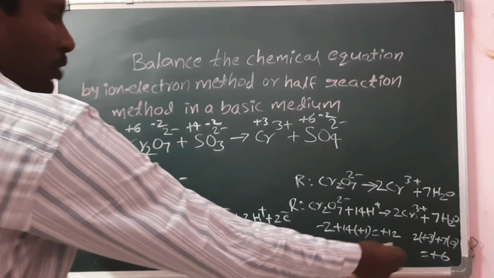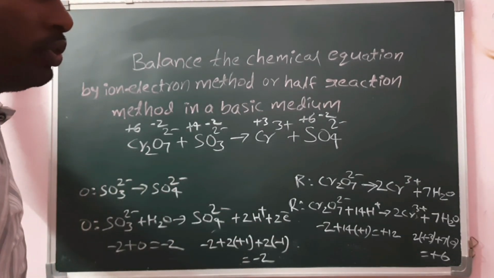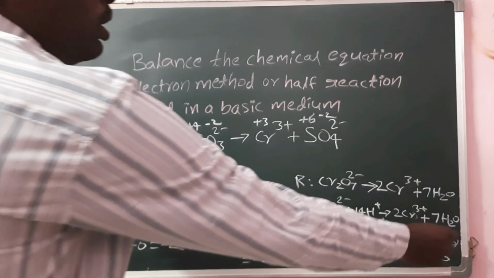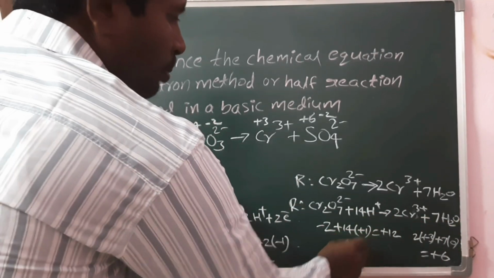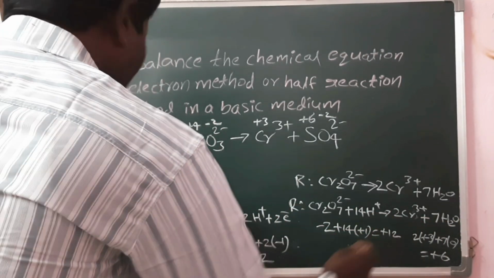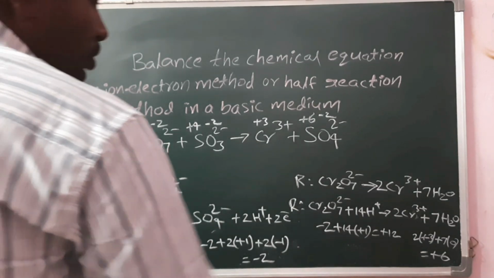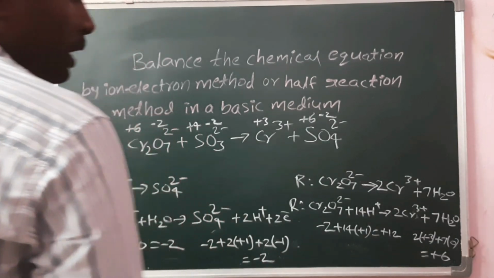So both sides are not equal. To make them equal, you should add electrons on the left side to make it equal to plus 6. So we can add 6 electrons to the left side to make it equal to plus 6.